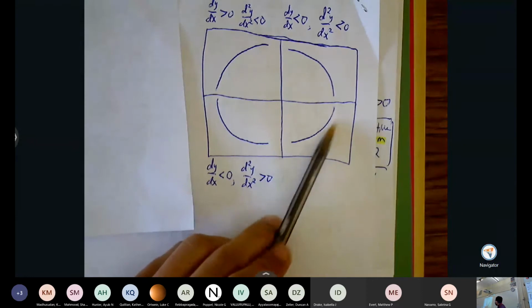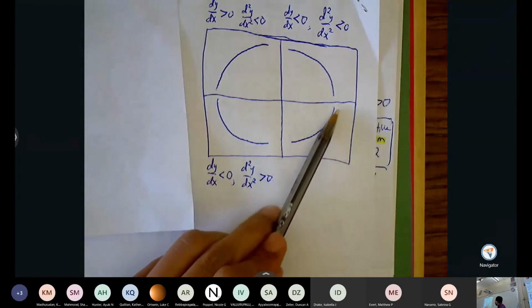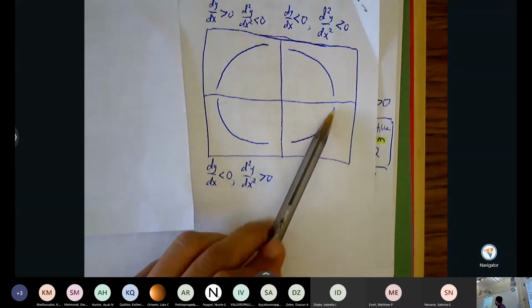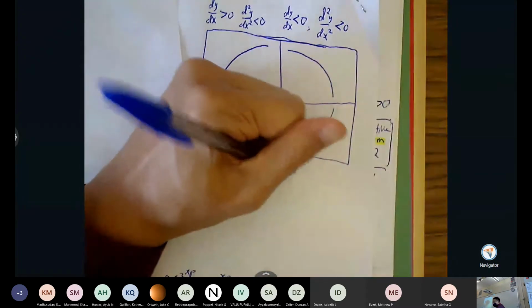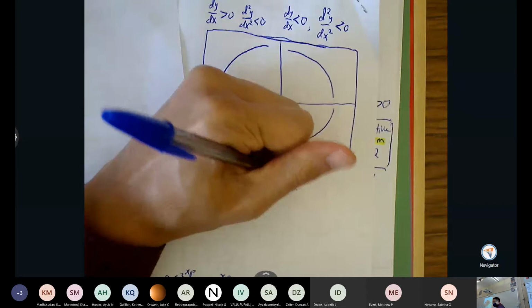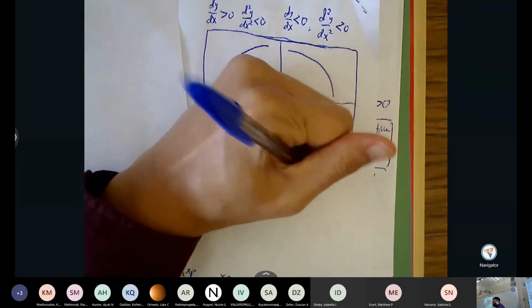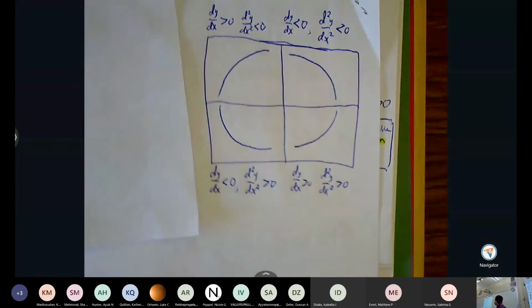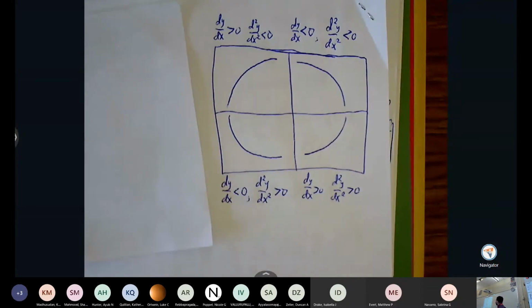Okay, how about this last one here? Slope. Positive slope, concave up, okay. So both positive. So as long as we're dealing with a smooth curve, all of our graphs are going to be a variation of one of those four shapes, right?